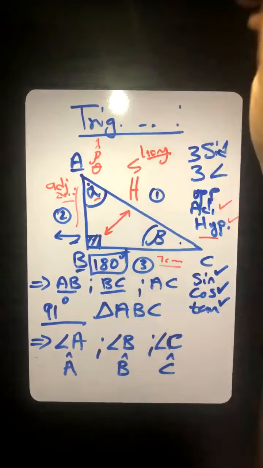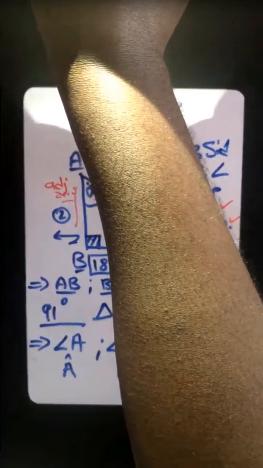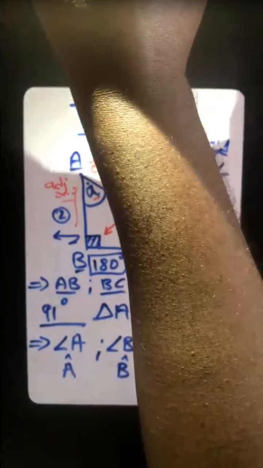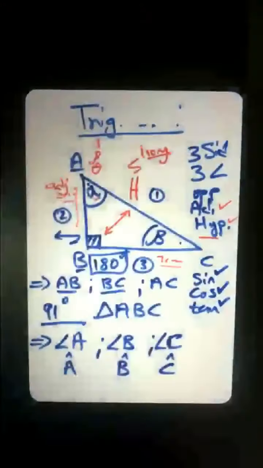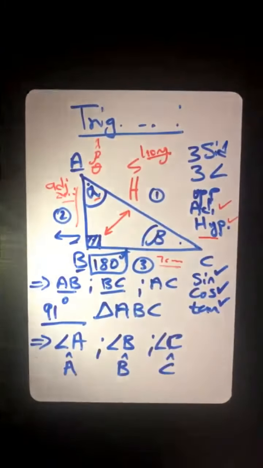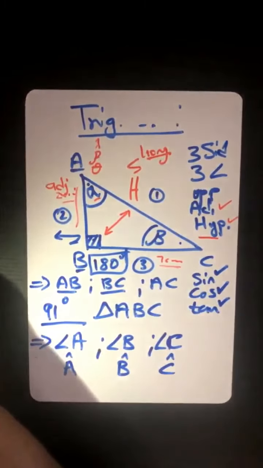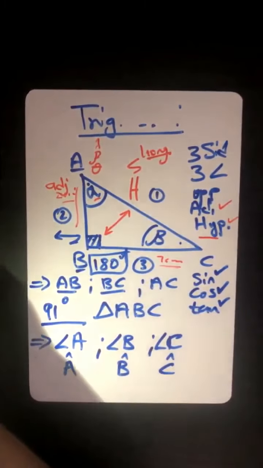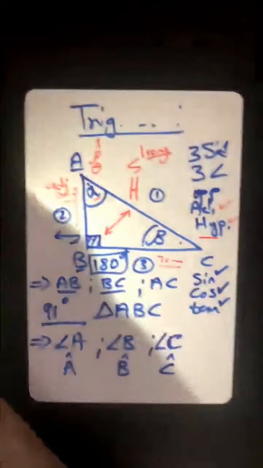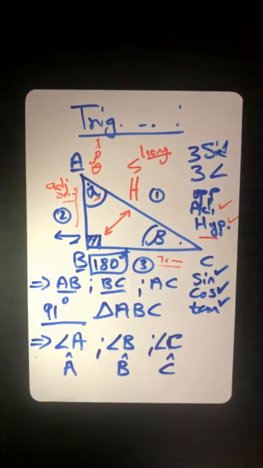That's a good question. So we have three main trig ratios, and those three main trig ratios are sine, cos, and tan. The other trig ratios, what do you call them? I think it's, what is it, guys?